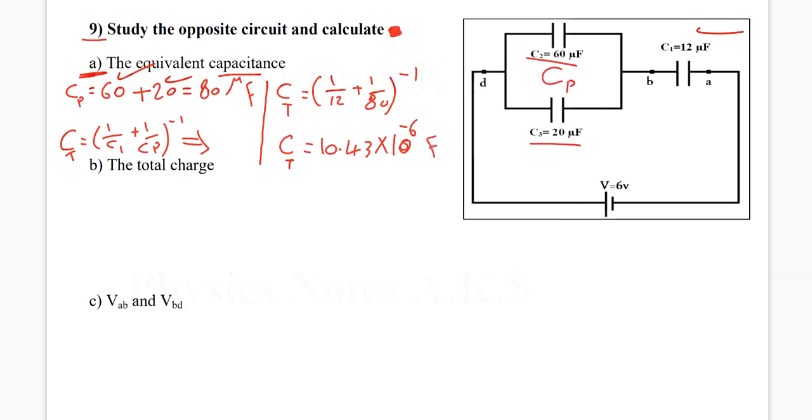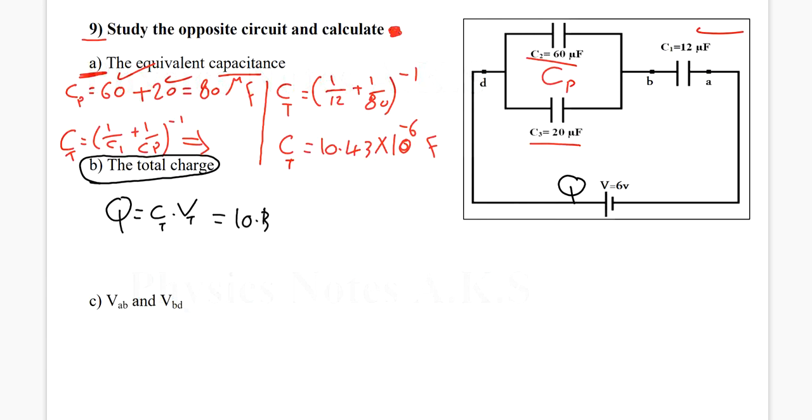In part B they want the total charge, the total charge that goes out of the battery. We know from before that Q equals capacitance multiplied by voltage. Of course here it is going to be the total capacitance because they need the total charge, and here the voltage of the battery, let's call it V total also.